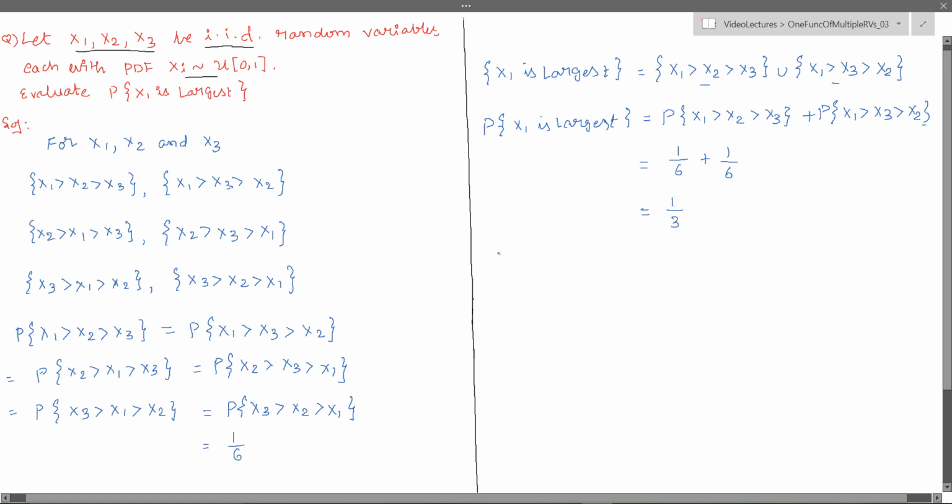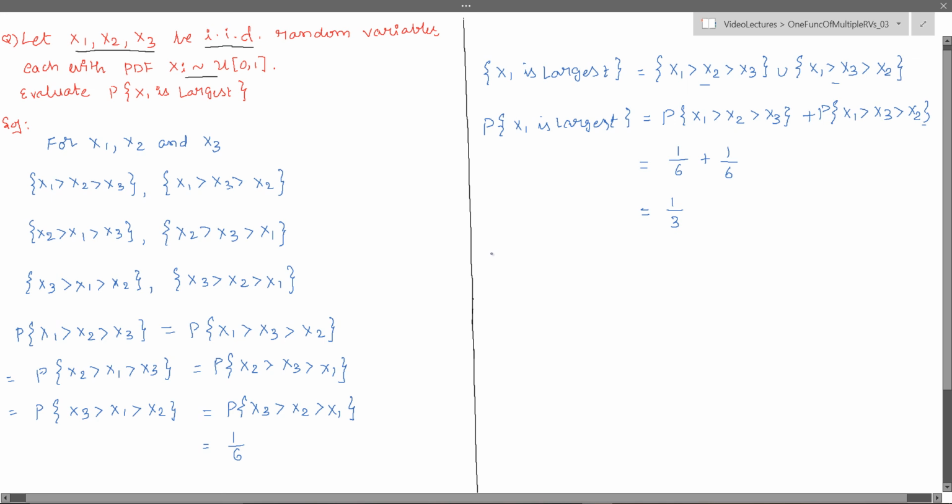Note that here we did not assume anything about the random variables x1, x2 and x3. So it being given that xi is uniform between 0 and 1 is just misleading, and hence here the random variables xi can be exponential or Gaussian or Laplacian or any other continuous random variables.